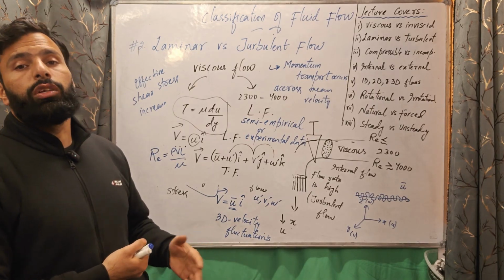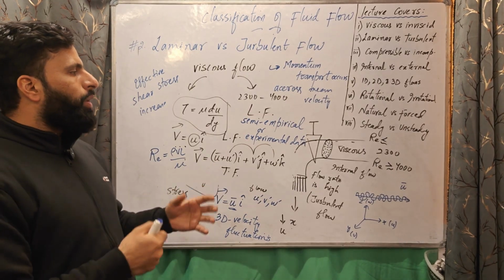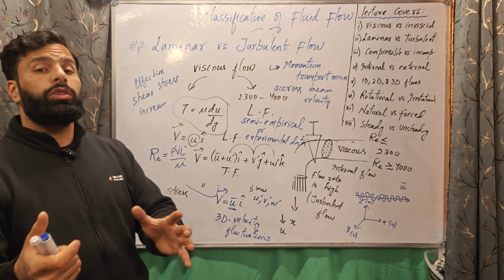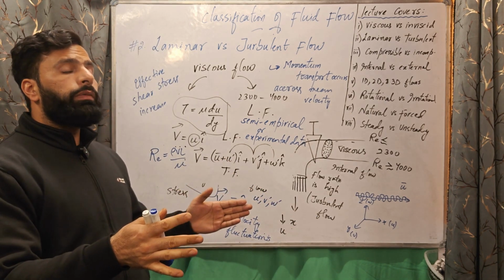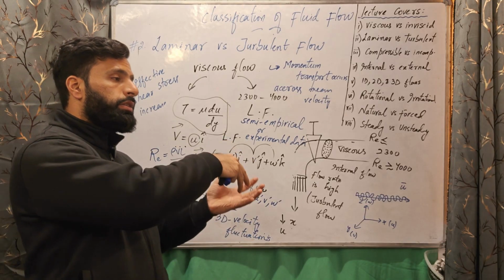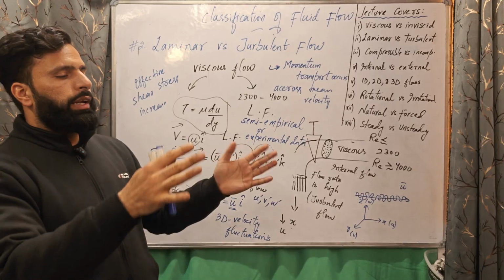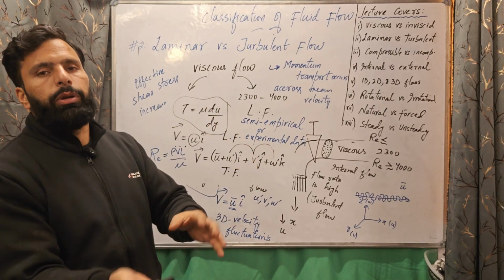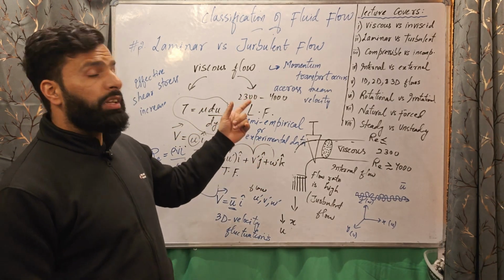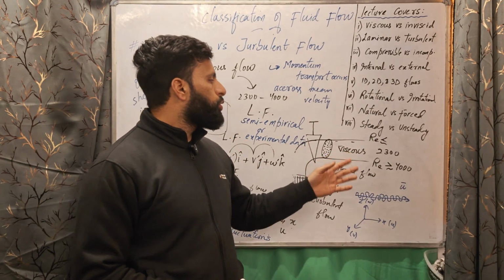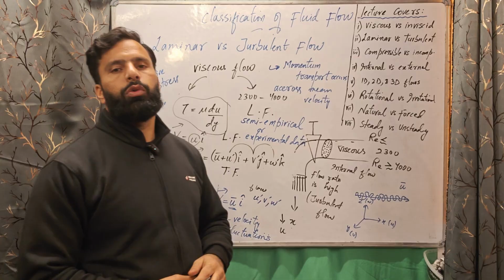We call it a transitional flow regime. Below 2300 is purely laminar and above 4000 is purely turbulent. In between, the flow is transforming from laminar to turbulent, it is transitioning between laminar and turbulent. That's why we call it transitional flow, between 2300 and 4000.